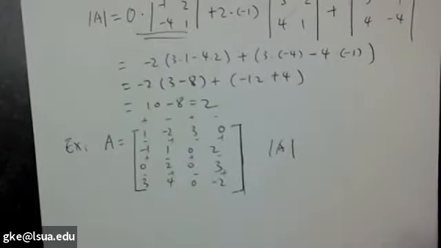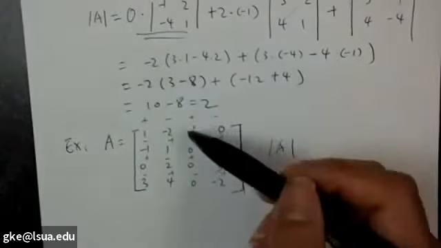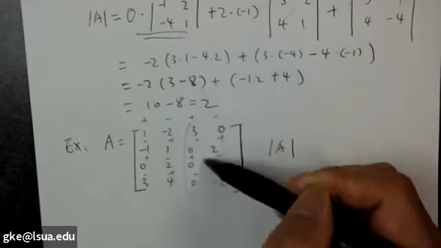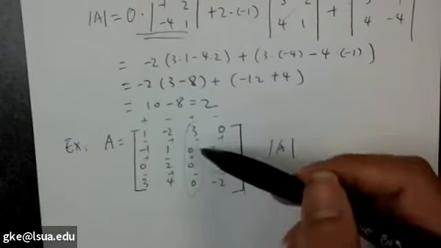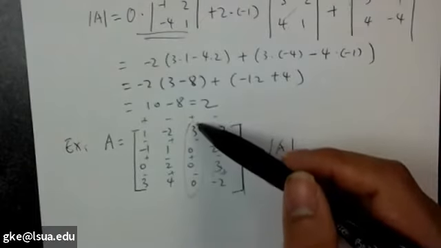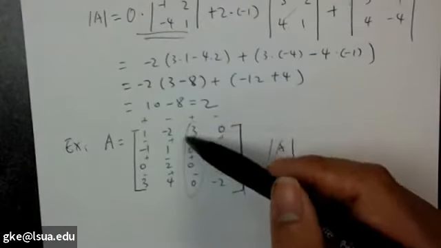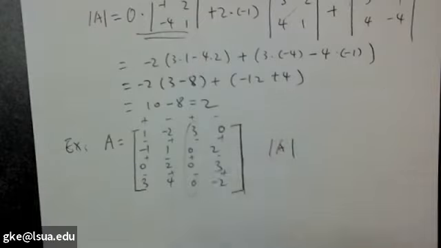What are you going to do? That's a tricky one. The third column has the most zeros. You like to expand the matrix along the column having the most zeros. Okay, most zeros.